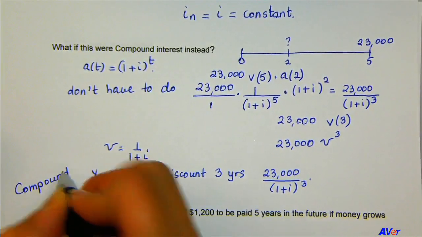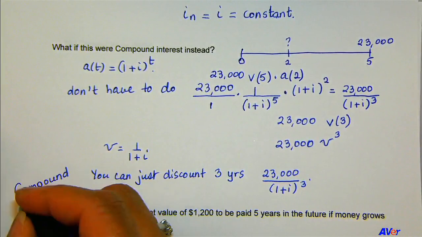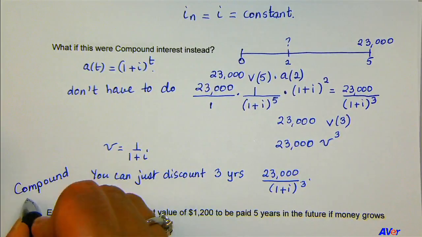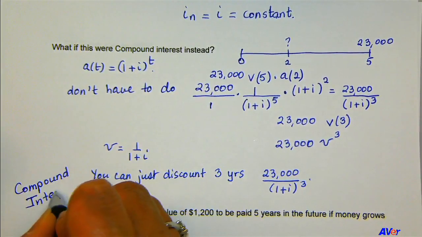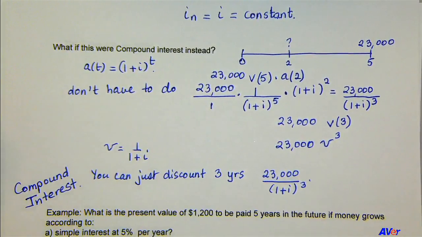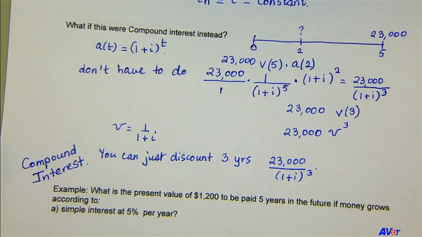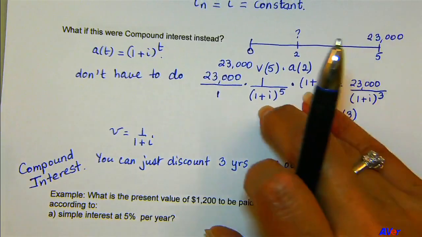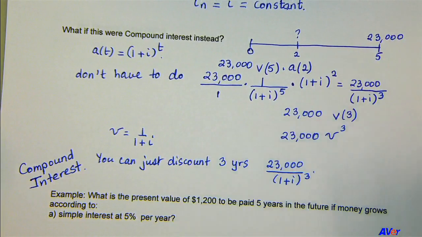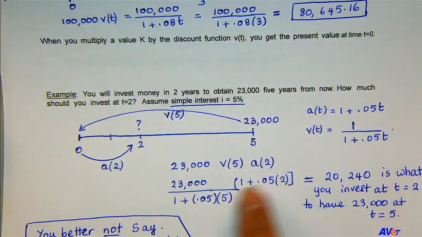Let me go back to simple interest and see why this wouldn't work there. In the case of simple interest, see here, this is 1 plus i and this is 1 plus i, so they would cancel. But in the other case, they wouldn't cancel. Let's go back and put that in. So this and this don't cancel, you see.